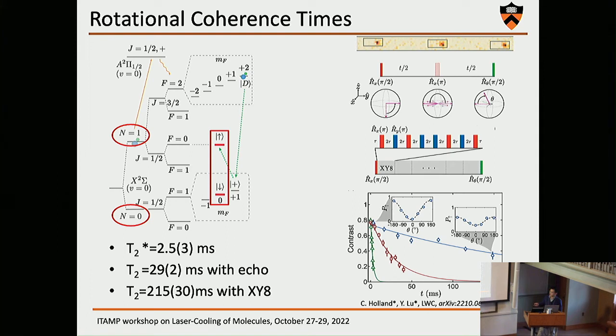So based on these timescales, we think most of this decoherence is just from ambient magnetic field fluctuations. So with 200 milliseconds, we should have enough coherence time to see these dipolar interactions that are on a few millisecond time.